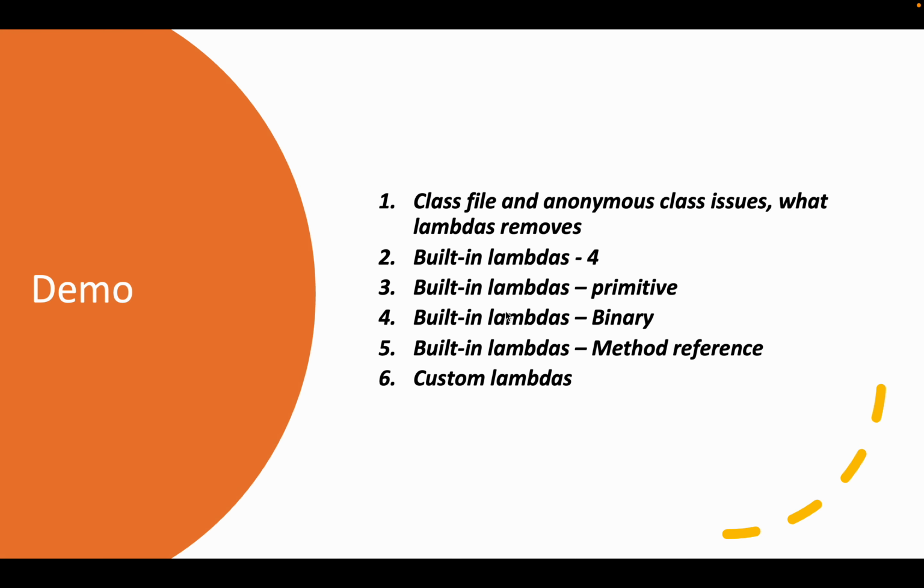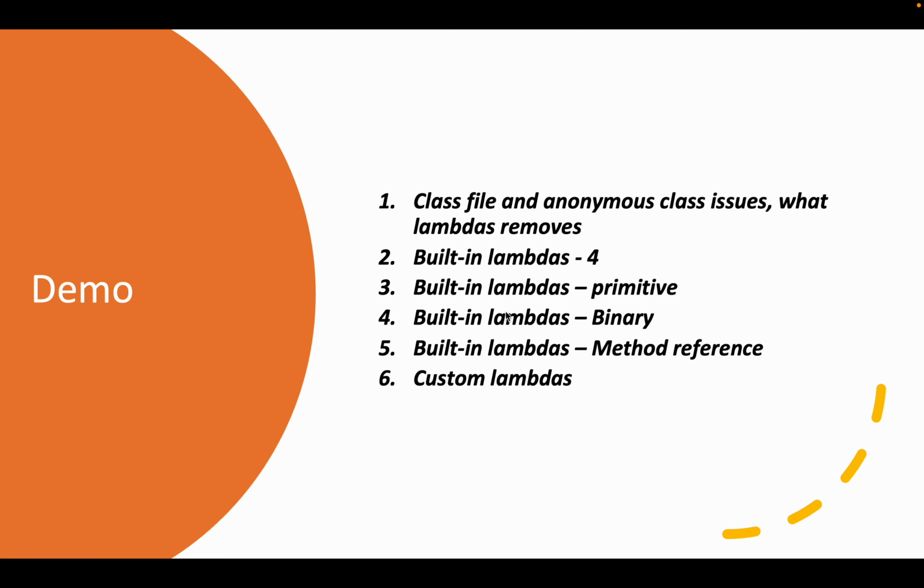So these are the things we are going to demonstrate under the lambda. We are going to see the class file and anonymous class issues, and what lambda removes, how lambda expression solves that. We will look at the built-in lambdas and how to use them. We will look at the built-in lambda primitives.